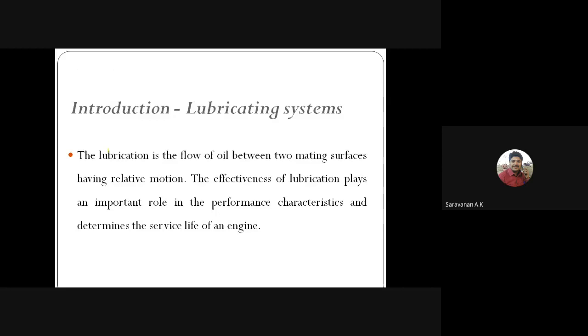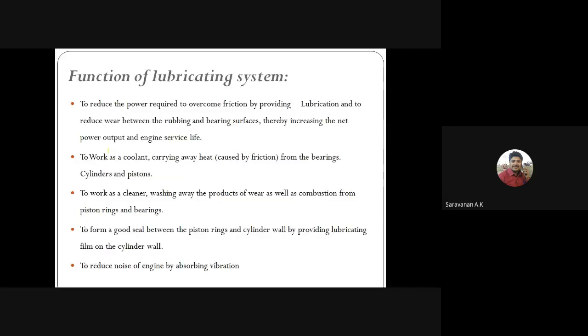Why we have to use the lubricants, what is the need for the lubrication, and the lubrication system functions, especially for the IC engines, right?